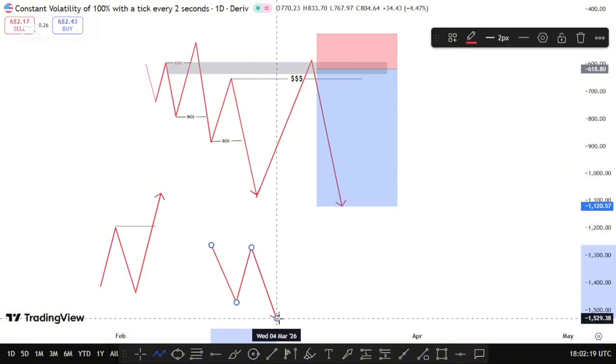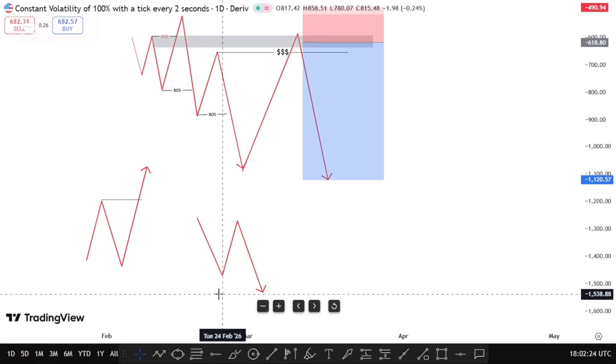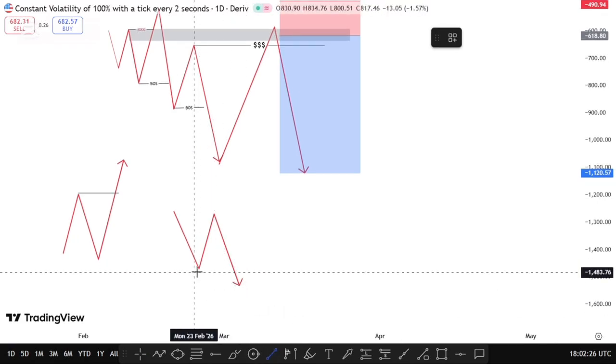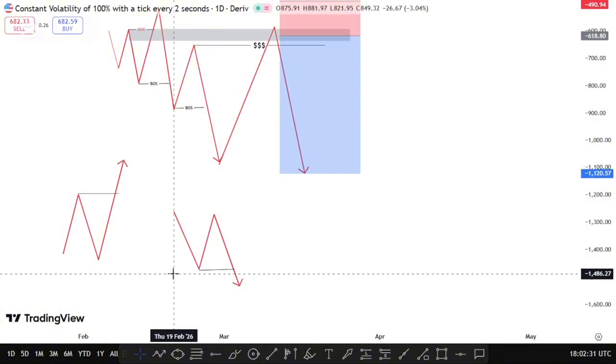So that is how simple it is, guys. It's very, very simple, so anybody can do this. It's all about understanding the context.